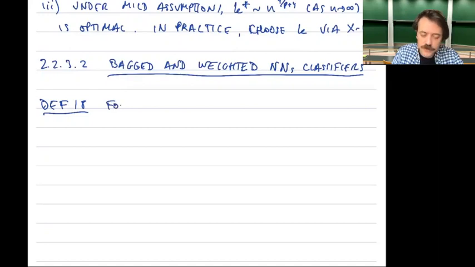So let's fix some natural numbers, capital B and lowercase m.